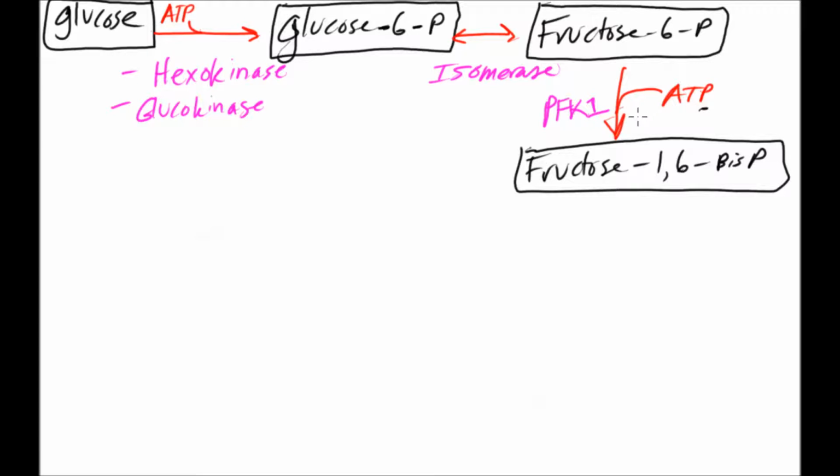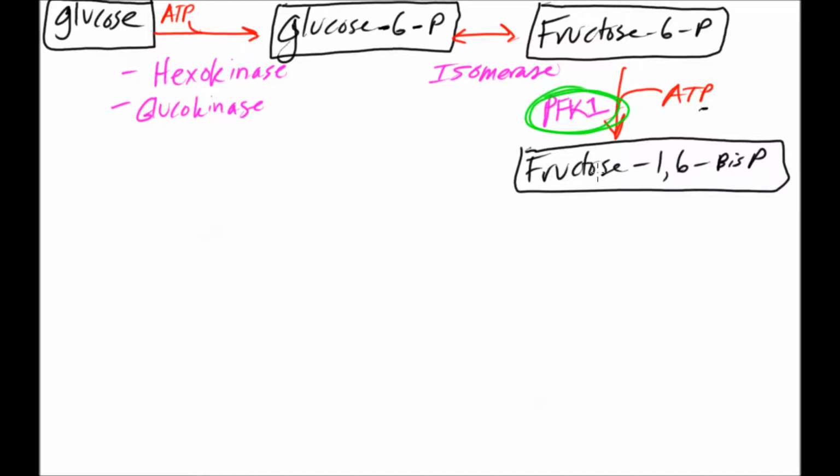It can't just make one up out of thin air, so it's going to use an ATP phosphate and attach it. So now we've got this really, really phosphate-loaded molecule, a really high energy molecule. This is going to be the rate-limiting step of glycolysis. The phosphofructokinase 1 enzyme is going to be the rate-limiting step. We're taking this kind of energized molecule and making it a really, really energized molecule.